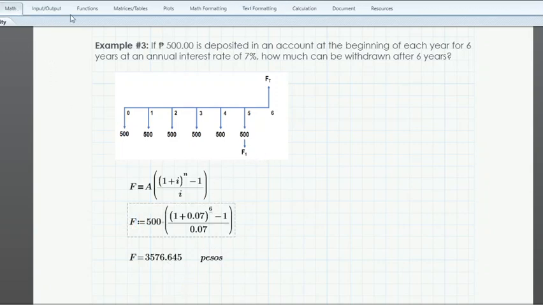So, we have here F1. Now, this 3,576 is not yet our final answer.